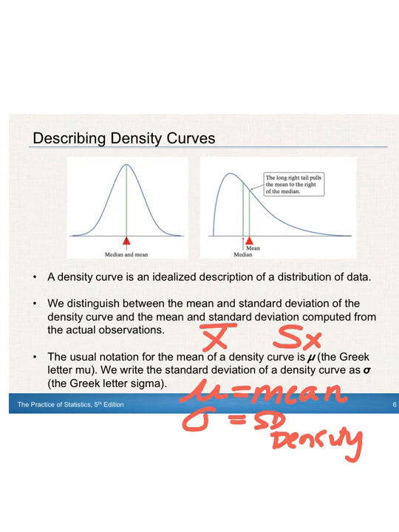When we are looking at a normal curve, symmetrical, unimodal, and we're talking about the measures of center, median and mean will be right together because it's symmetrical. But for a skewed distribution, the median, just as with a normal, indicates half of the area is below and half of the area is above. But the mean, because it's skewed, is going to be like a balancing point.